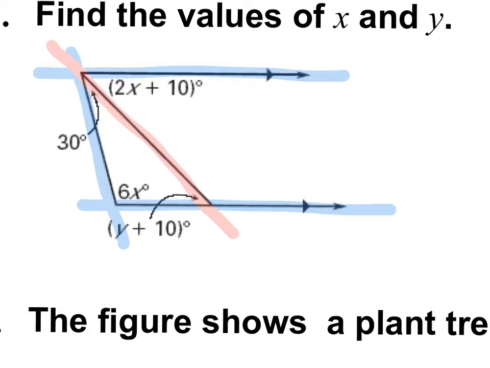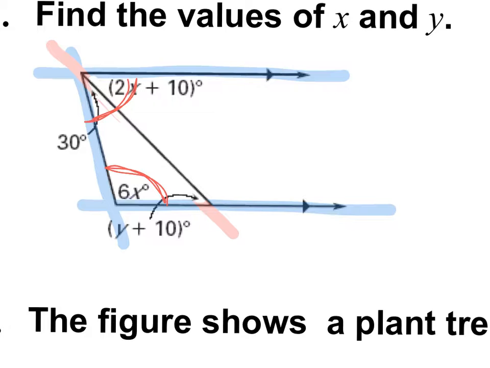So if I ignore that red line for a moment, what's the relationship between this whole angle and 6x? They're not alternate, right?